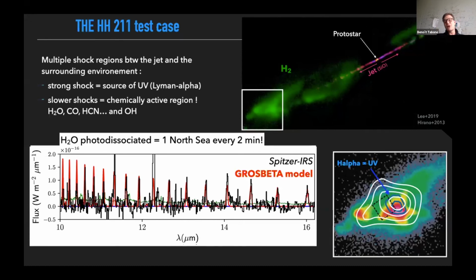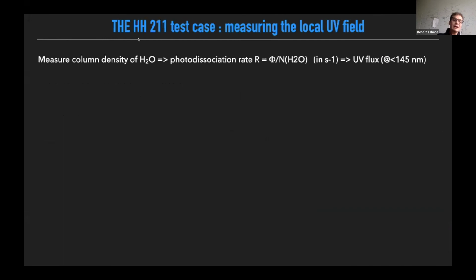This amount of water photodissociated per second is an interesting quantity, but what we want to measure is the UV field. And this is not what we measure when we measure line intensities. Actually, if you are able to measure the column density of water, then you can compute the ratio between the column density of water photodissociated per unit time divided by the column density of water.